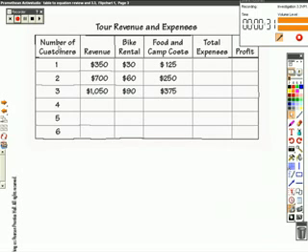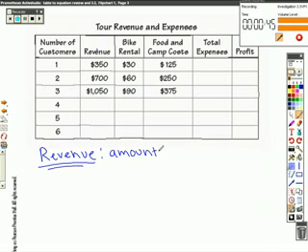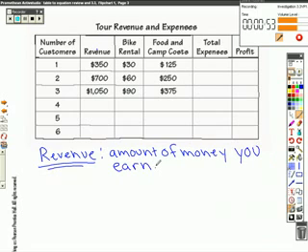So the first thing I want to do with this table is just understand everything. Number of customers is pretty obvious. Revenue is basically the amount of money you earn. Bike rental is just the cost they're getting charged for the bike for each one.